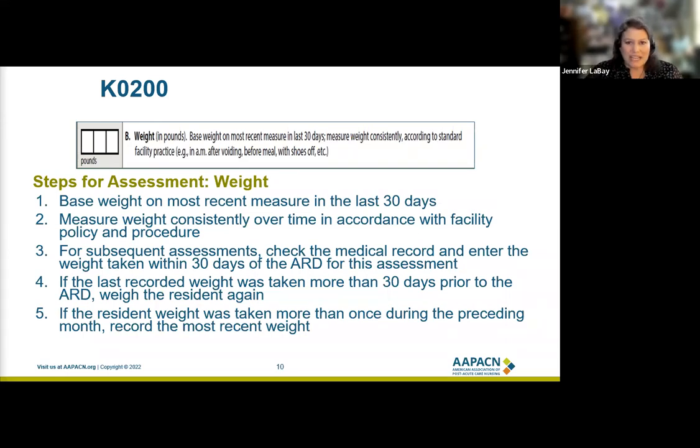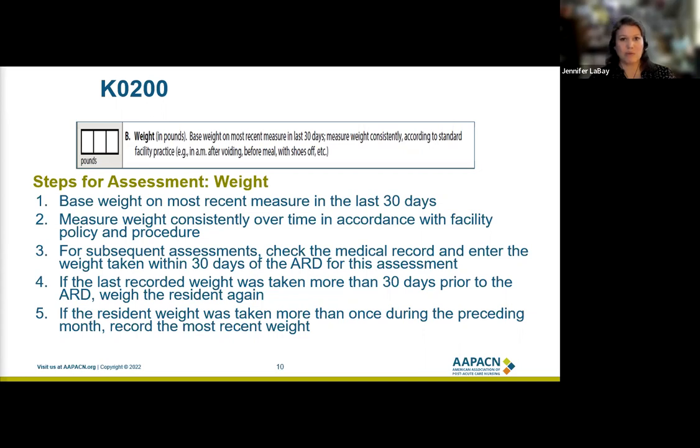The resident's weight recorded at K200B is based on the most recent weight in the last 30 days. This sometimes gets misunderstood, because we're so used to having an assessment reference date, and then our count of the observation period is back from the assessment reference date. Well, that is the case when we're collecting the weight.